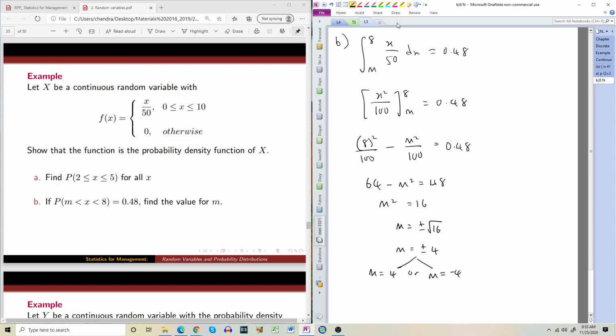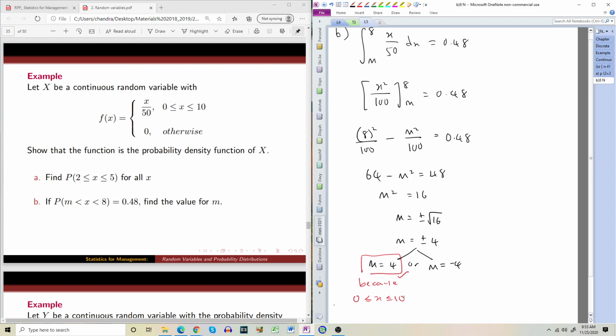The answer is m equal to 4, because x is between 0 and 10. So m is equal to 4. That is the answer.